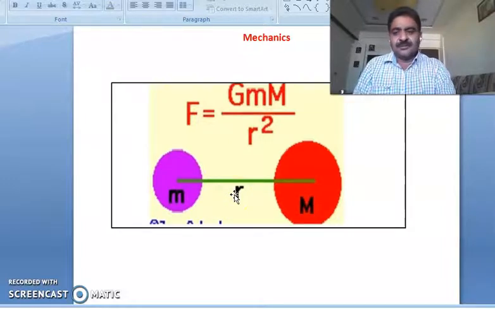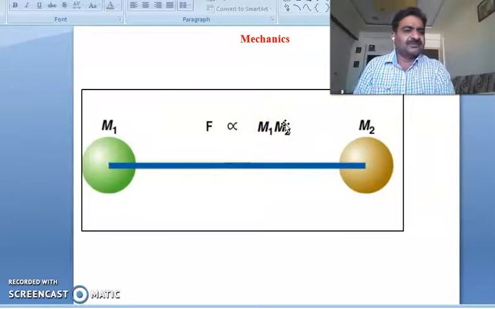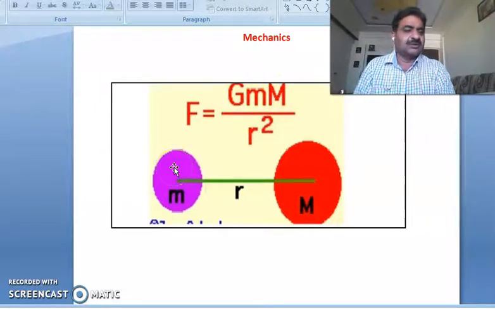As per this figure, F is proportional to the product of the mass of the earth and the mass of the object over the earth, and here r square is in the denominator.